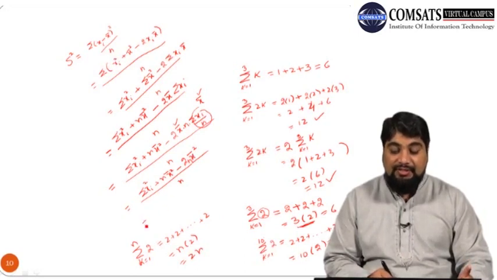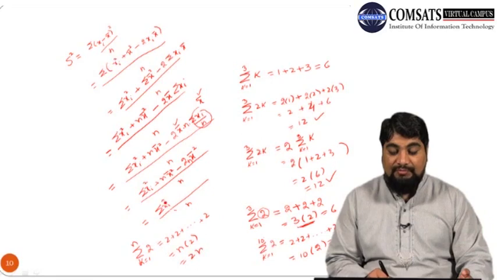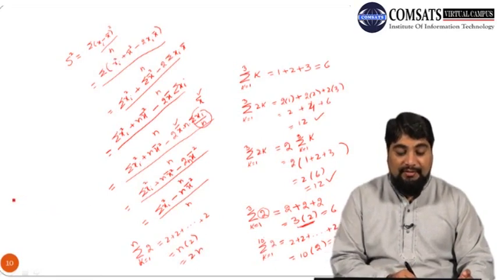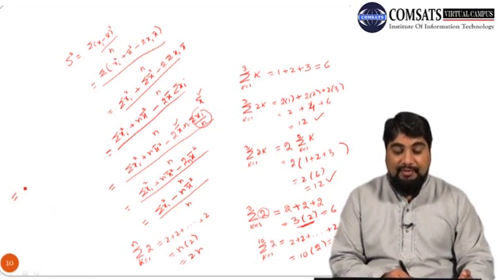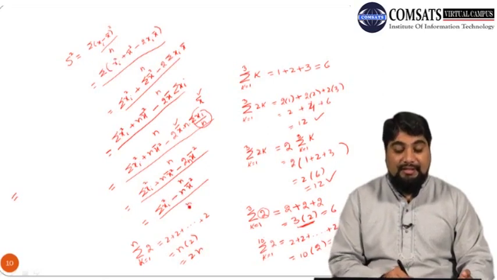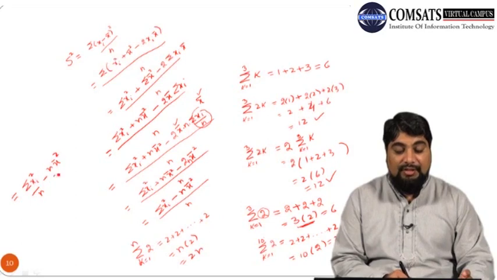So next step, this n as it is, summation xi square minus n x bar square. Dividing each of these terms in the numerator by this n, we get summation xi square over n minus n x bar square over n.